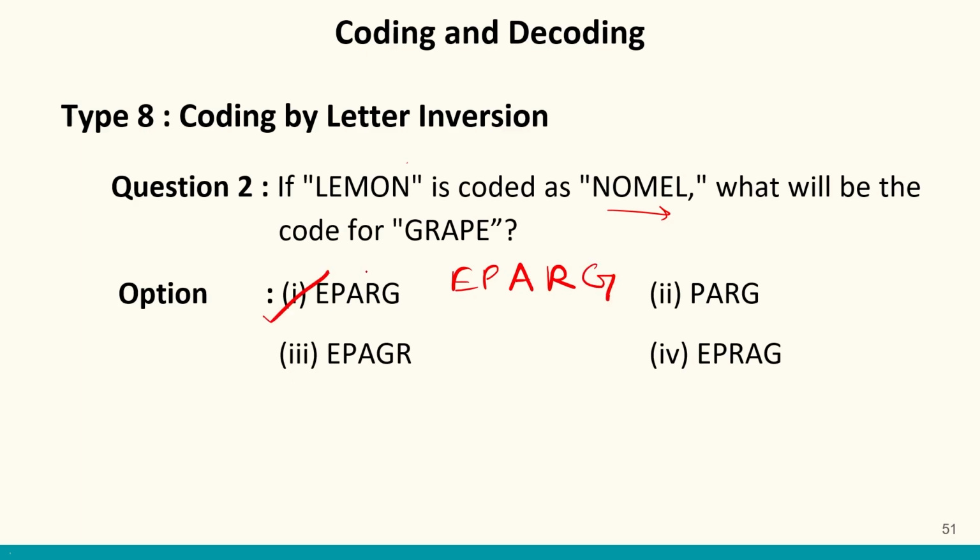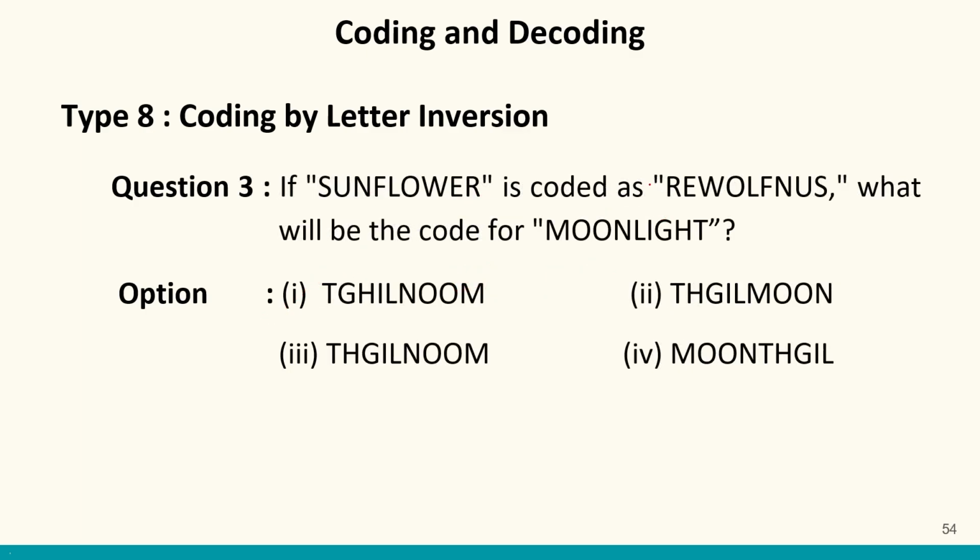Now, over here also, same thing. The words are just in reverse order. So for moonlight, it will be THGILNOOM, which is option number 3. So option 3 will be the correct answer to this question.